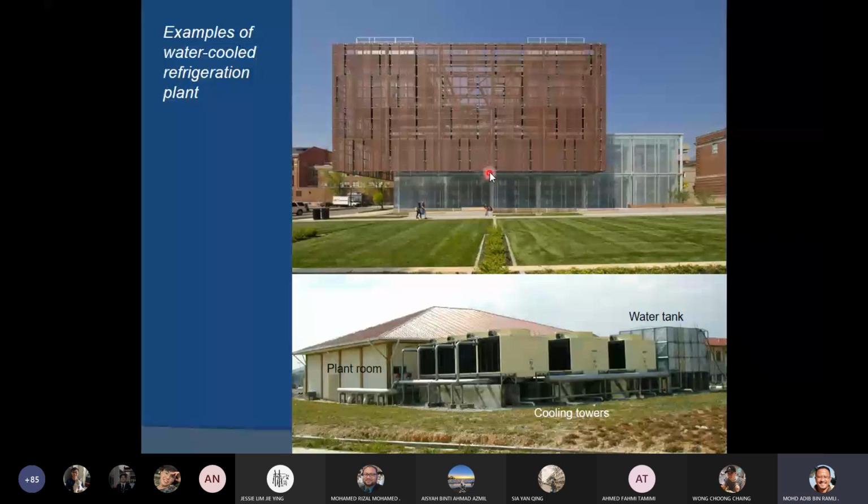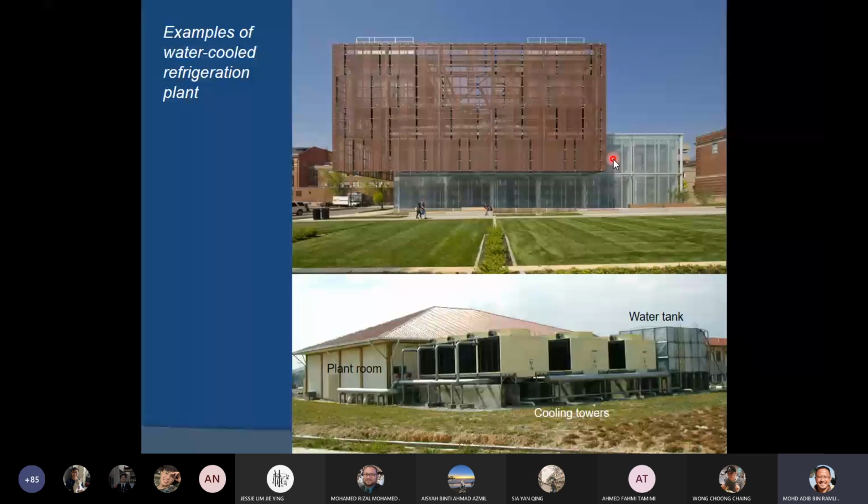So when you look at the building, you know that this is not a normal office building, because you can see the equipment behind the cladding, behind the wall.